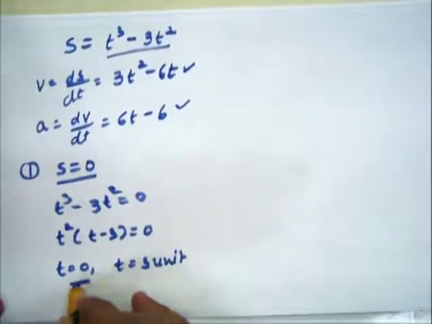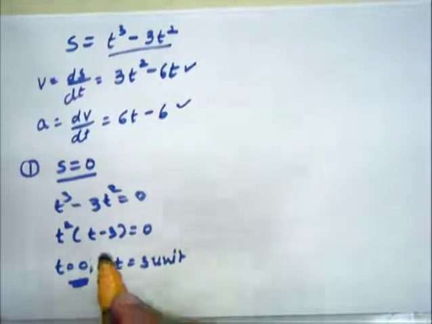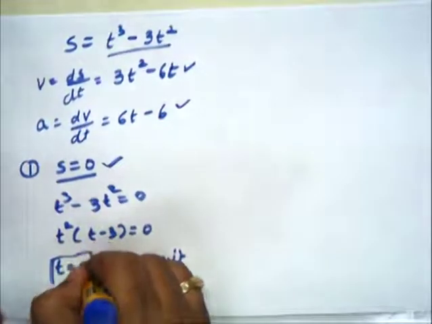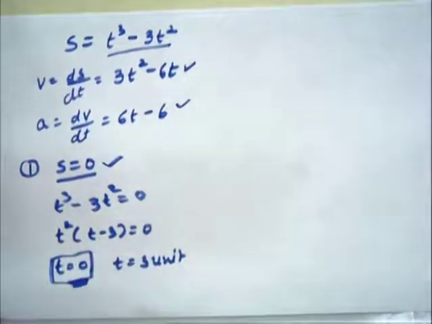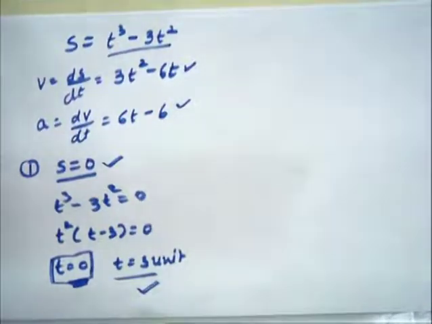But t is equal to 0 means initially it is always at origin, because it has not started its journey at this juncture. So we can say this is our answer: after exactly 3 seconds it will reach the origin once again.